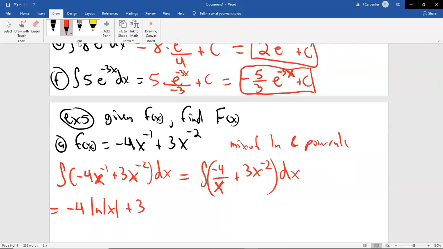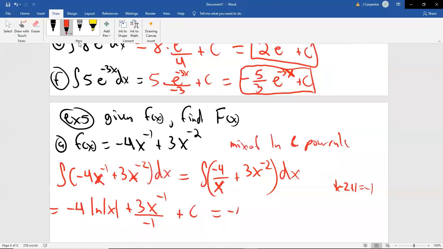And this is going to be a power rule, so we add 1 to the exponent. Please note that negative 2 plus 1 is negative 1. So this 3x to the negative 2, we leave the 3. The exponent becomes a negative 1, that's us adding 1 to it, and we divide by that same value. And then we add our constant at the end.